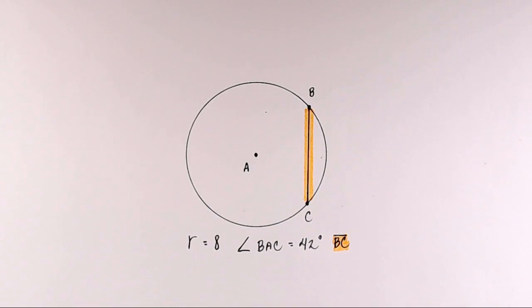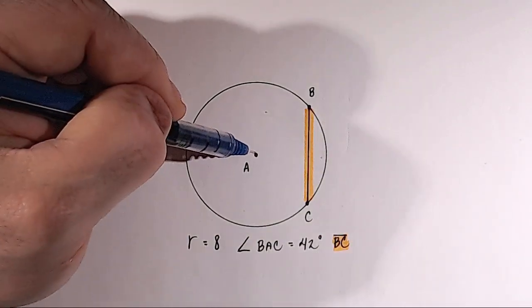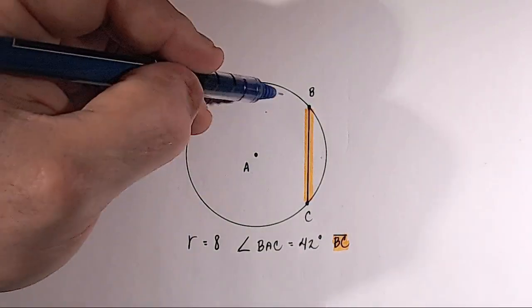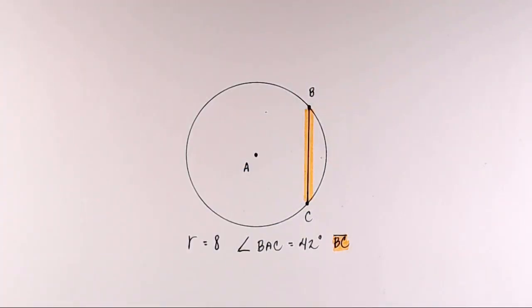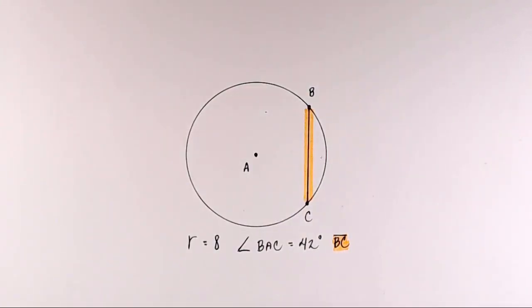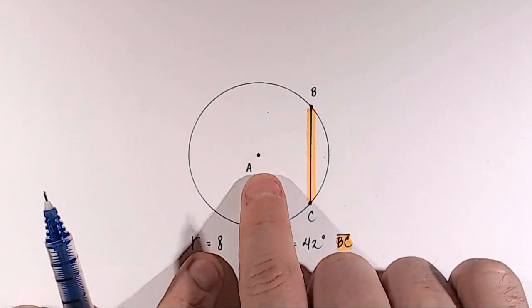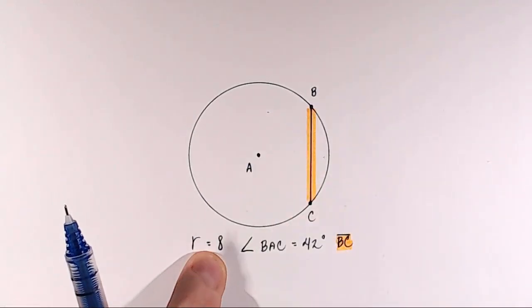And we're going to use trigonometry. But first, we're going to notice something. The distance between A, the central point of the circle, and any point around the perimeter of the circle is the radius. So the distance between A and B and A and C is 8.